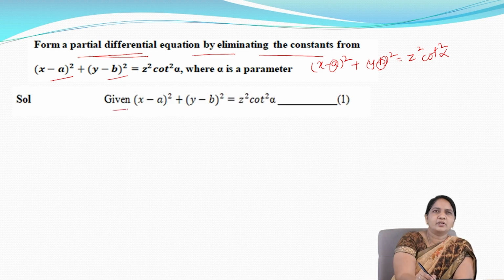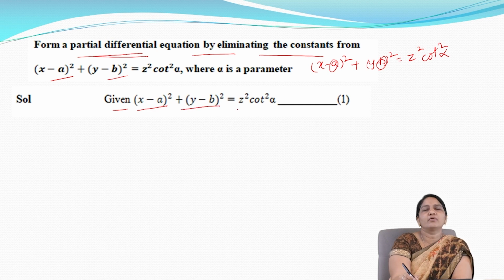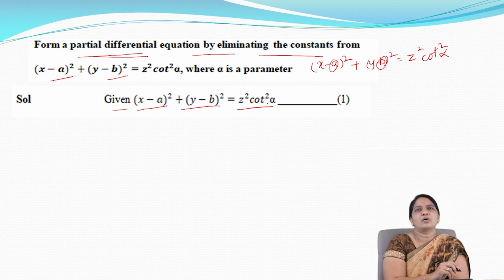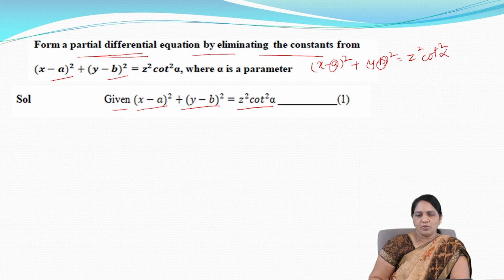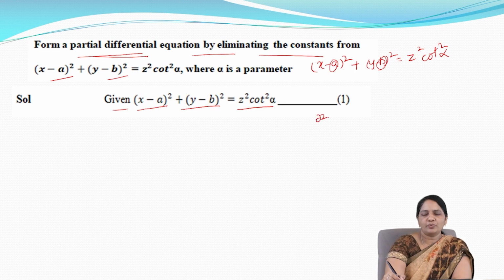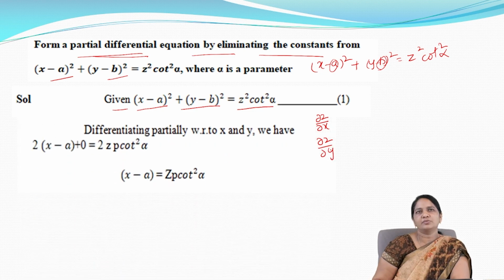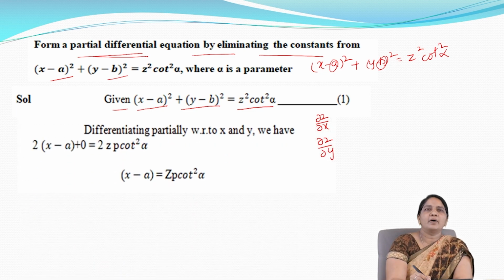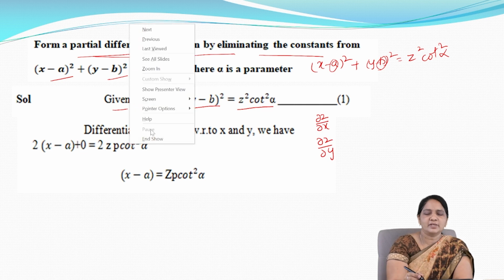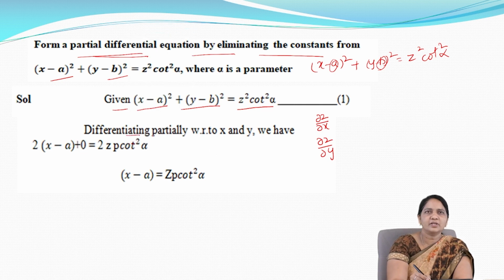Observe here, given (x minus a) whole square plus (y minus b) whole square equal to z square into cot square alpha. According to the procedure, I am going to calculate dou z by dou x and dou z by dou y. First I am differentiating partially with respect to x and y.